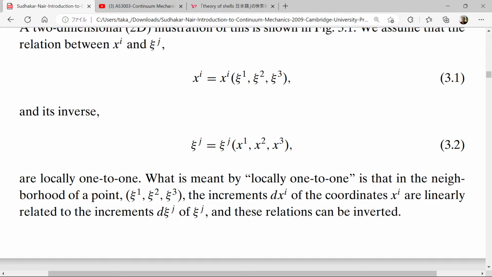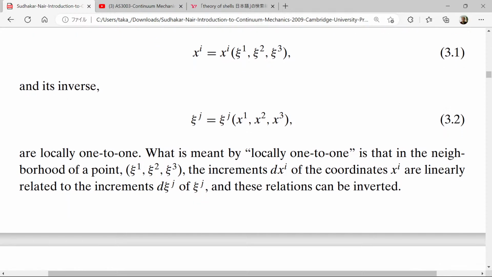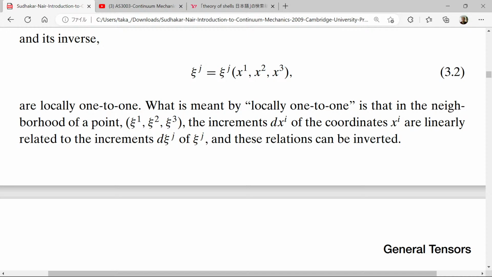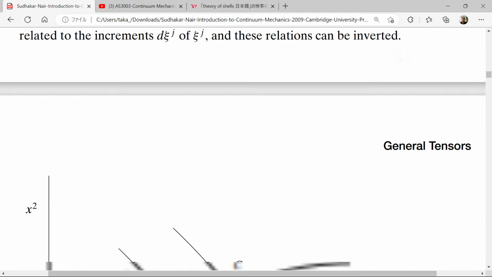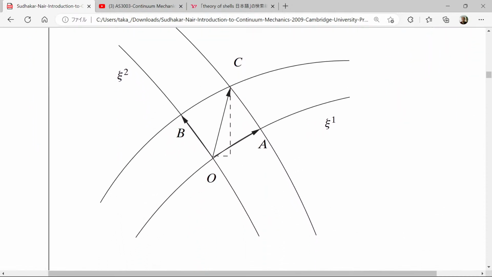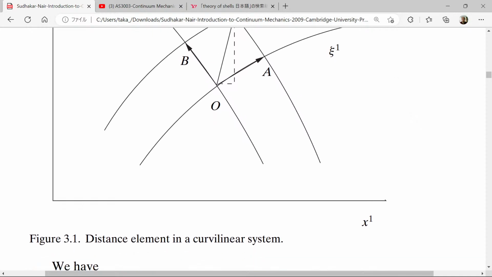What is meant by locally one-to-one is that in the neighborhood of a point xi1, xi2, xi3, the increments dx_i of the coordinates x_i are linearly related to the increments dxi_j of xi_j, and these relations can be inverted. It's a little bit complicated.